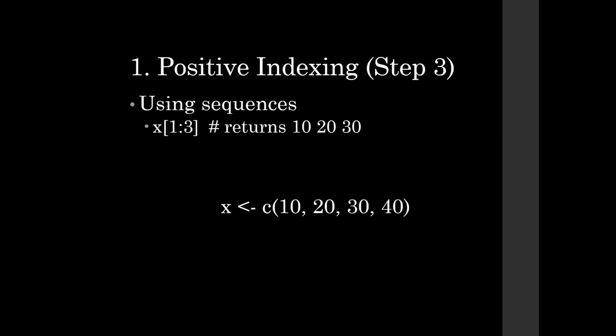You can also give a sequence inside the square brackets. In order to create a sequence, the simplest way is to use colon. So if you use 1:3, it will create a sequence from 1 to 3. So this syntax will return the values from the vector in first, second, and third position, returning 10, 20, and 30.